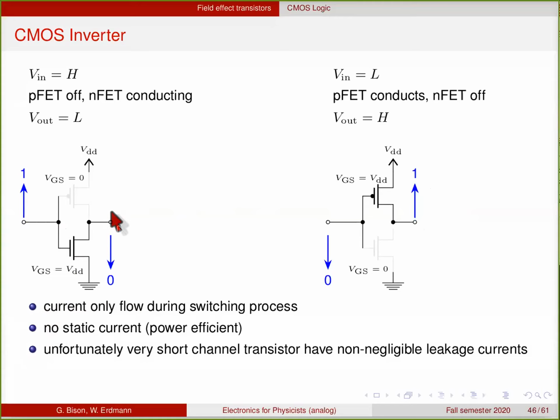This is, of course, for the ideal case that we have no current flowing when the transistor is off. Unfortunately, very short channel transistors have non-negligible leakage current. So here one has to take care that these leakage currents don't destroy your power budget or have other effects.